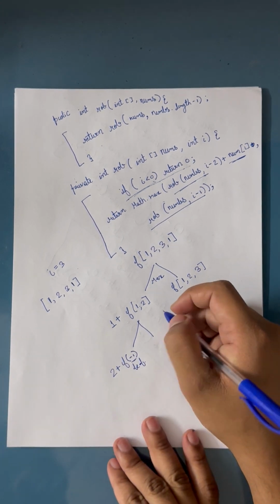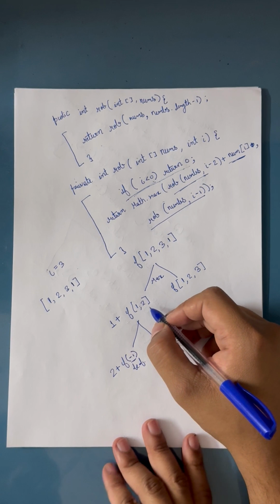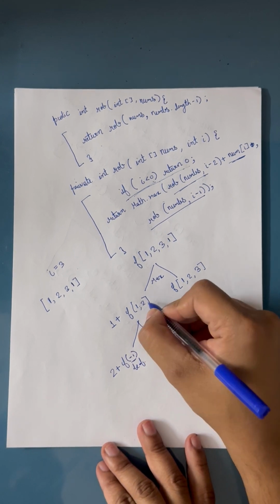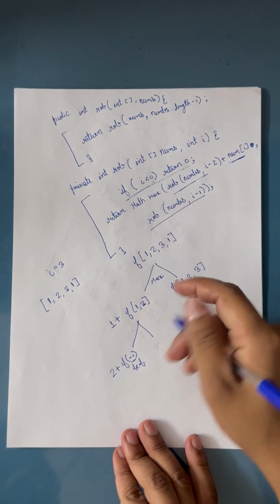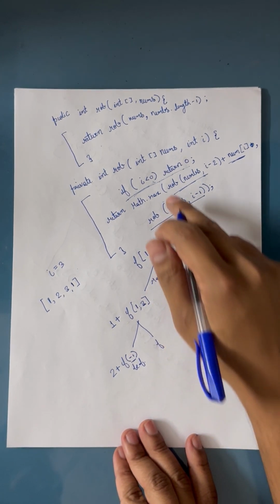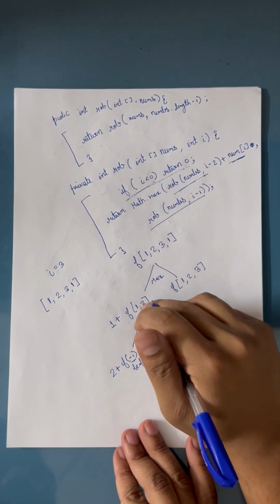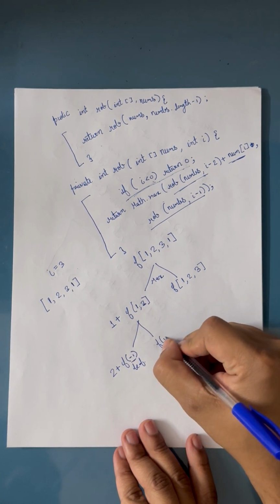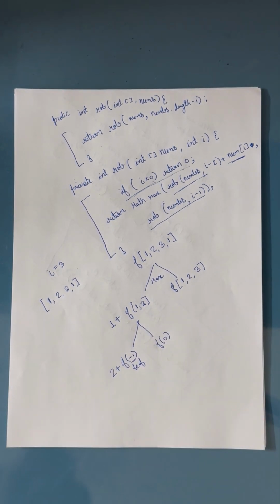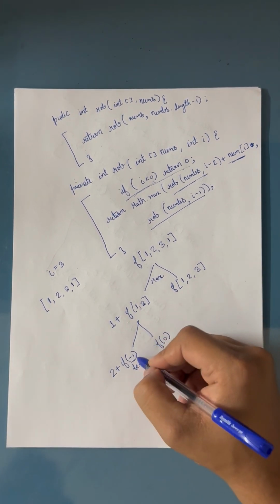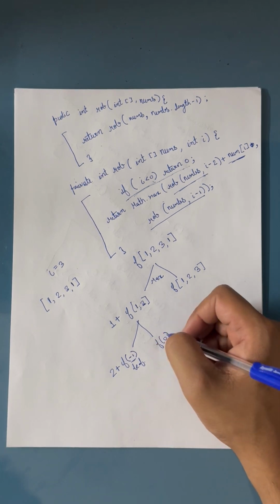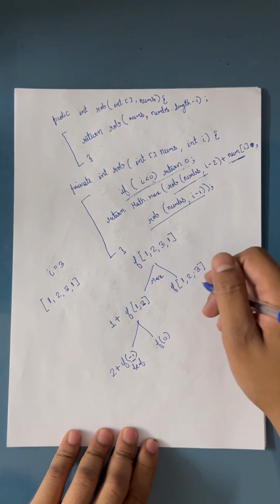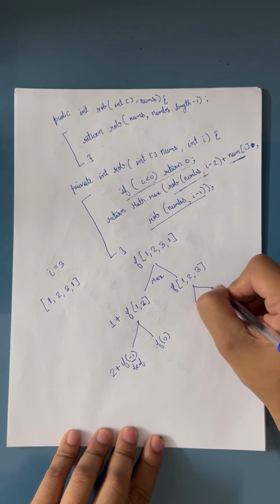And if you haven't included, let's suppose, 2, then you have only f of i minus 1, that is f of 0. So these are the two conditions: either you choose f of -1 and 2, or you choose f of 0. To solve this, again you will have two conditions.